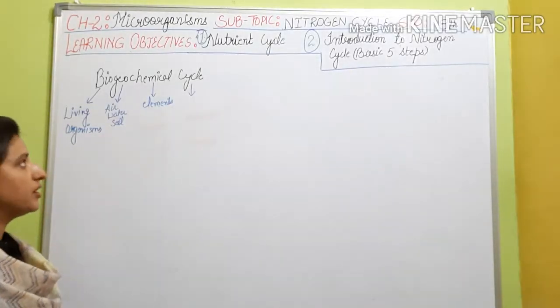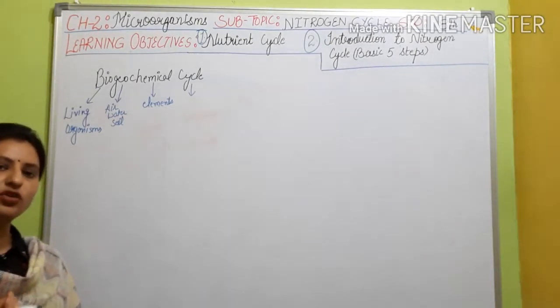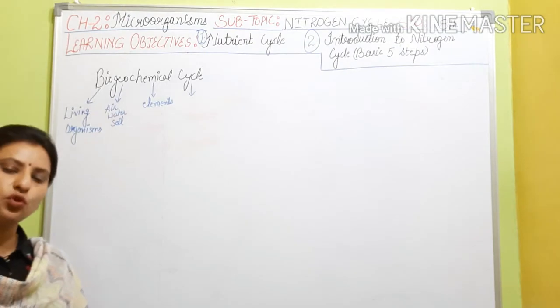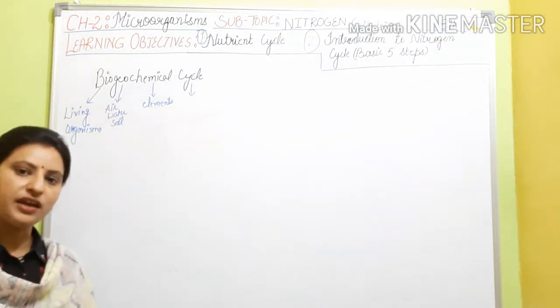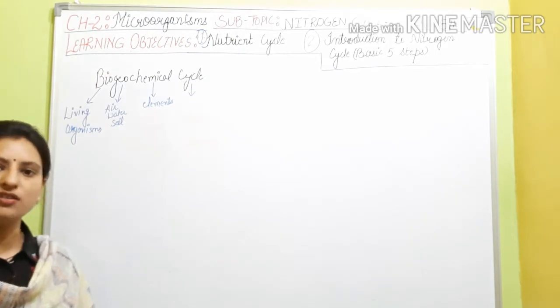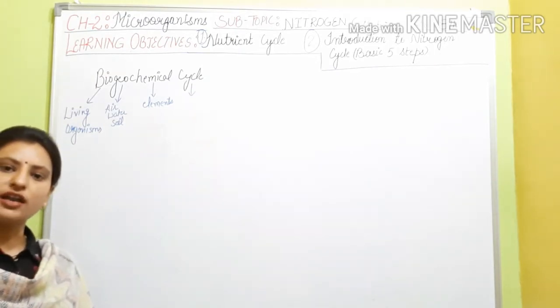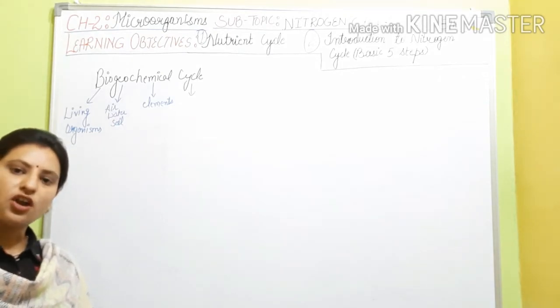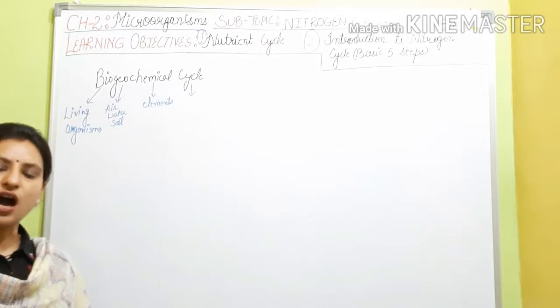In the biogeochemical cycle, the nutrients, you know that nutrient means food which we eat. So the food which we are eating, animals, we are eating plants. How will plants make their food? From simple inorganic compounds like nitrogen, oxygen, carbon, sulfur.